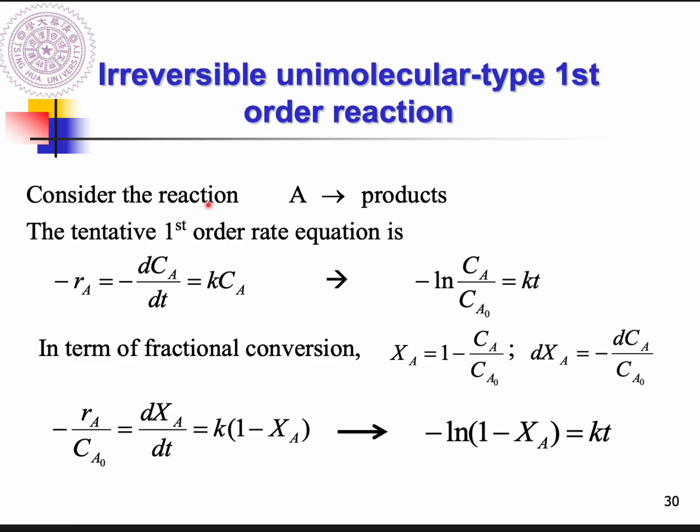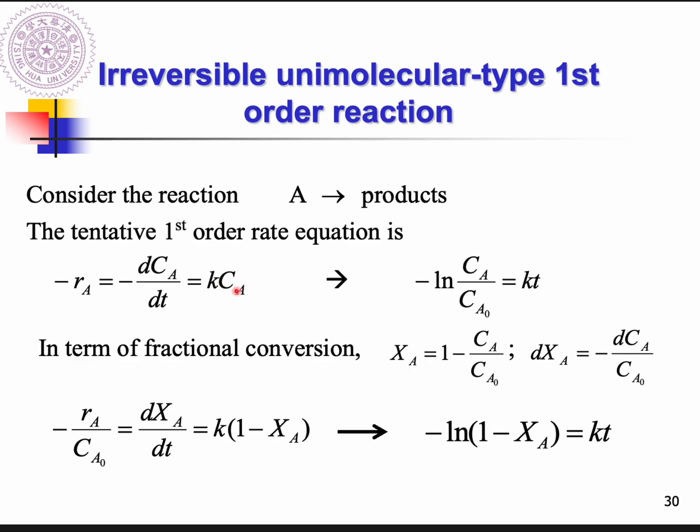We consider the reaction where A decomposes or generates our product, and this belongs to first order rate equations. So you can write down the consumption rate of reactant A as minus dCA over dt equals kCA to the power of 1.